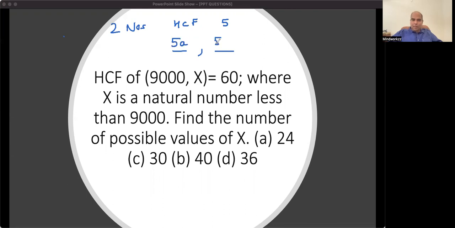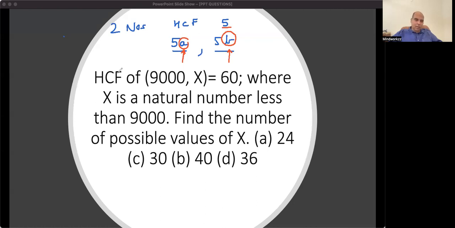So the two numbers can be thought of as 5a and 5b. And even there, between a and b, the relationship is that they should be co-prime. The reason for that is if you do not take a and b co-prime, the HCF will change from 5.